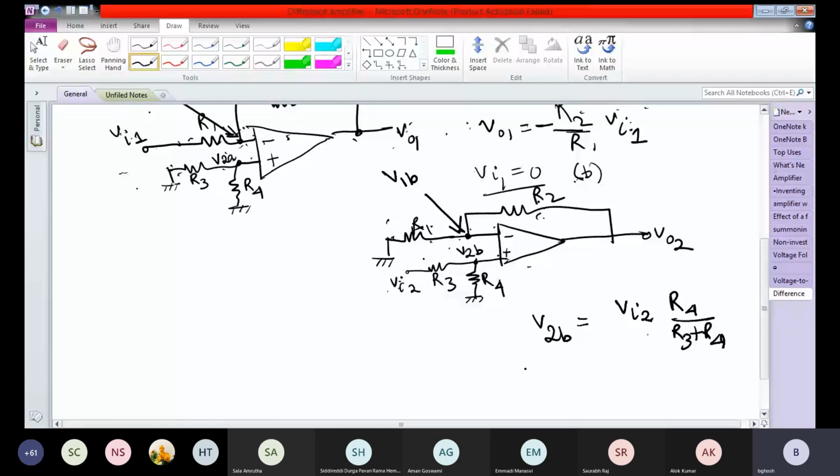And VO2 will be given by 1 plus R2 by R1 times V1B, because, as I told you, it is a non-inverting amplifier.